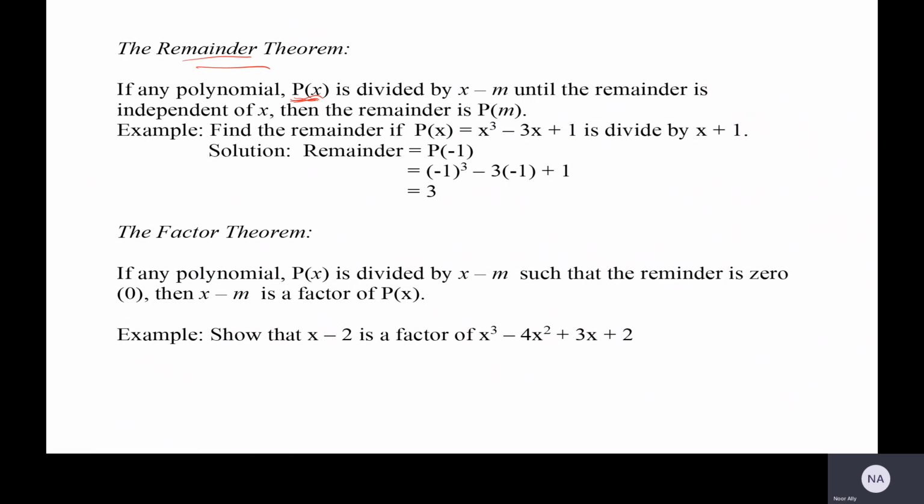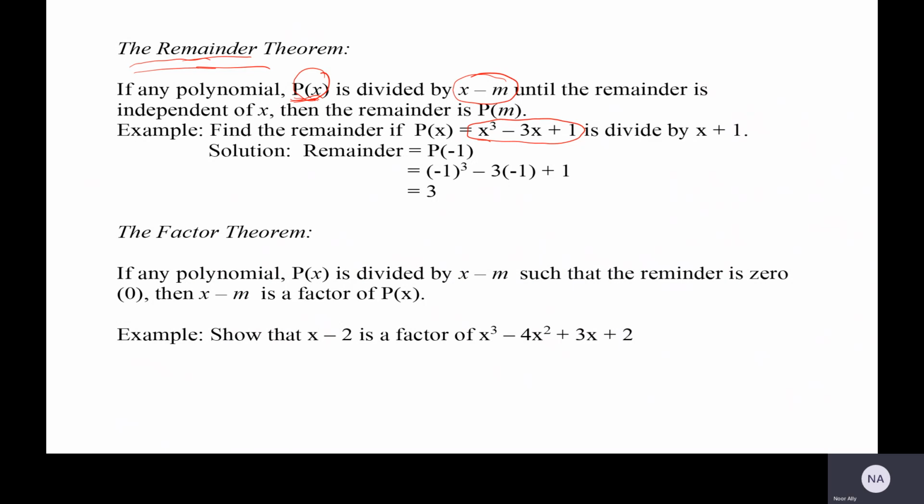And this we can do by using the remainder theorem. So if you have a polynomial, for example, there's our polynomial, and you want to divide it by a linear divisor until the remainder is independent of x.